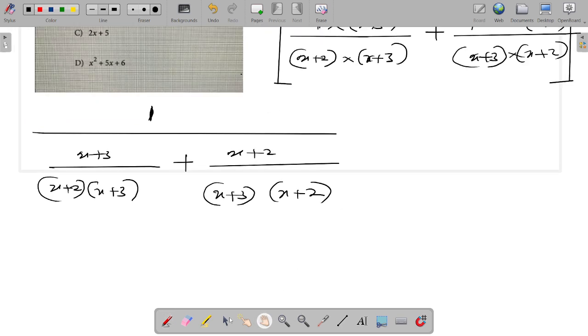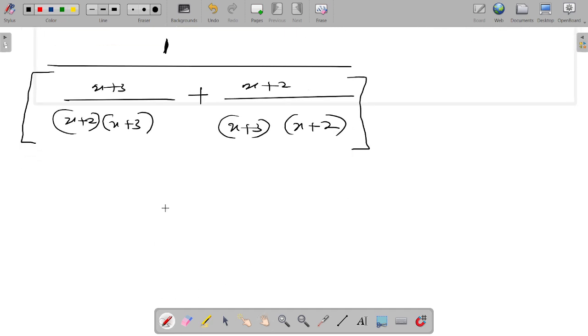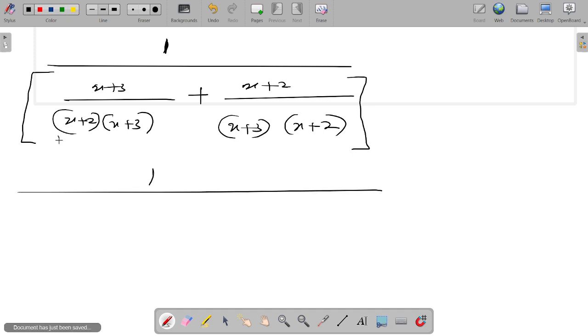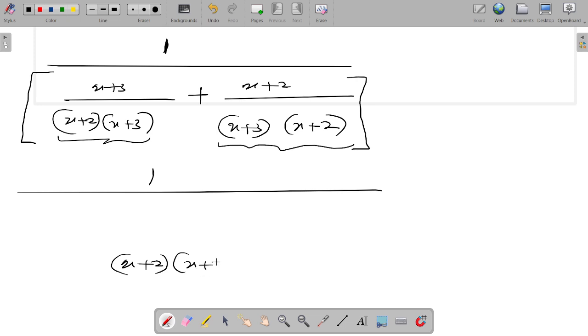Now it is clearly seen here that we have the same denominators, right? Just like the way you normally do your fractions. So I can write this expression as 1 divided by, now that they have the same denominators, you know what to do, right? I'm going to take it as a single term, which is x plus 2, x plus 3. So this is x plus 2, x plus 3, and this is x plus 3, x plus 2.